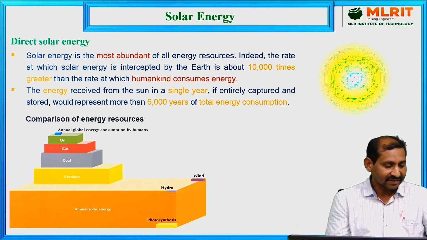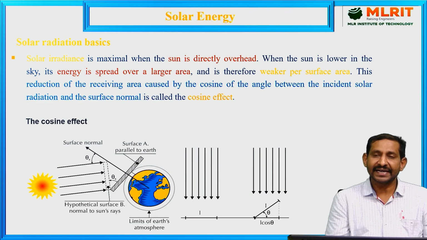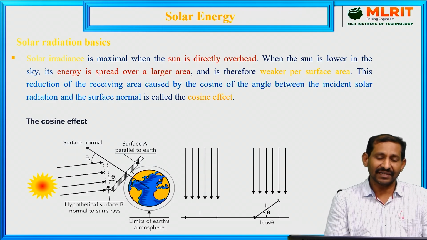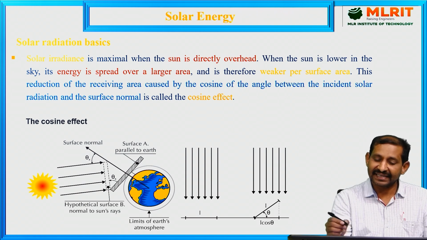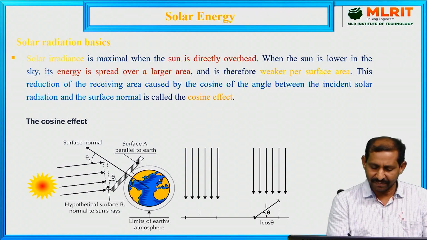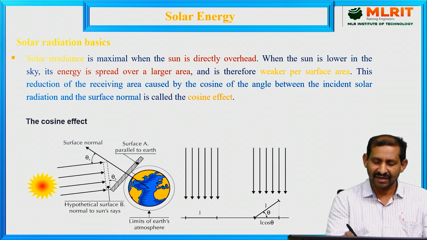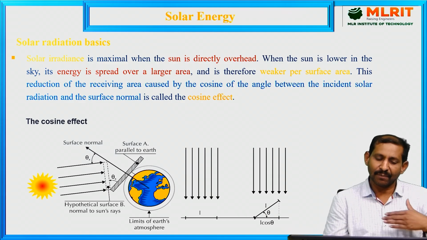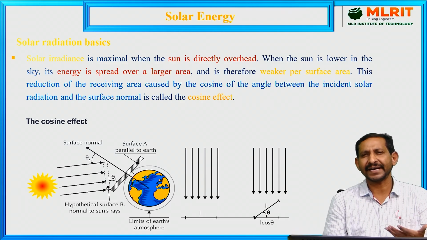Now coming to the next slide, solar radiation. Some of the basics will be discussed. Solar radiation is maximal when the sun is directly overhead, for example, when it falls directly on the surface. That is when the maximum solar radiation is coming.